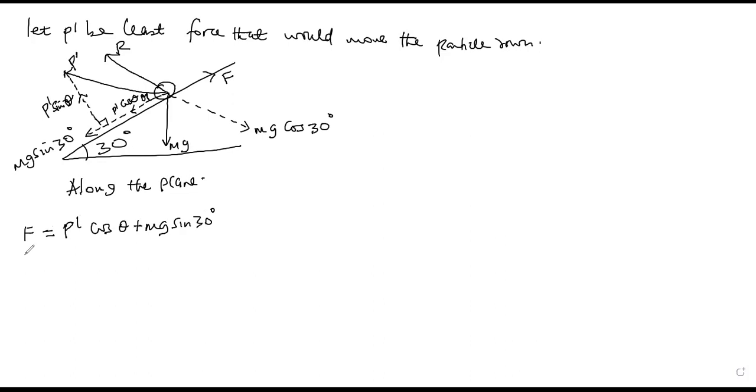Implying that P prime cos theta, because I'm interested in P prime, is equal to F, which is mu R, minus mg sine 30.